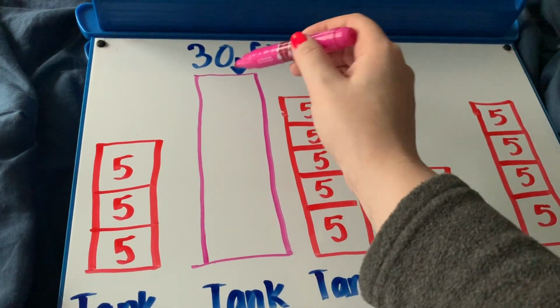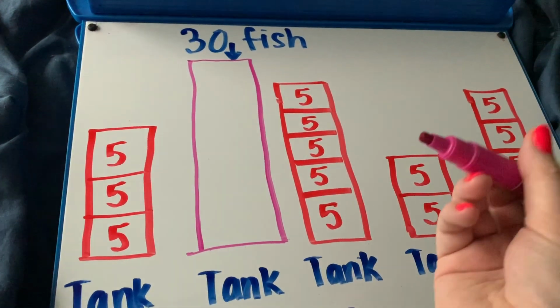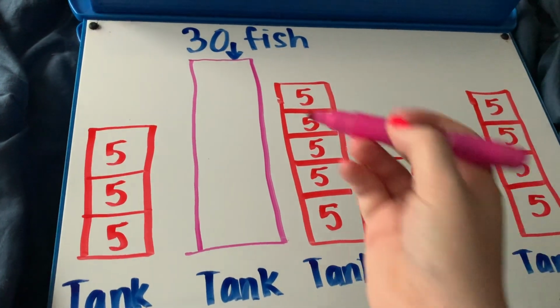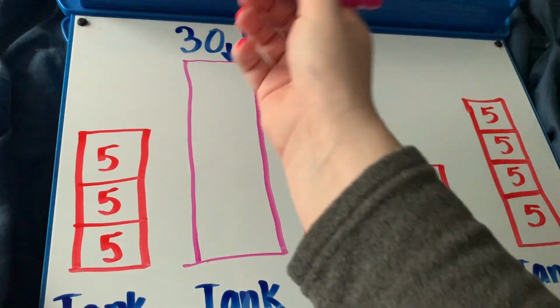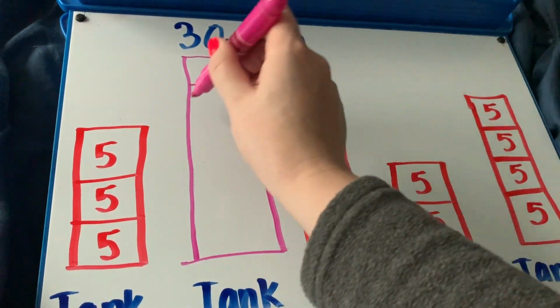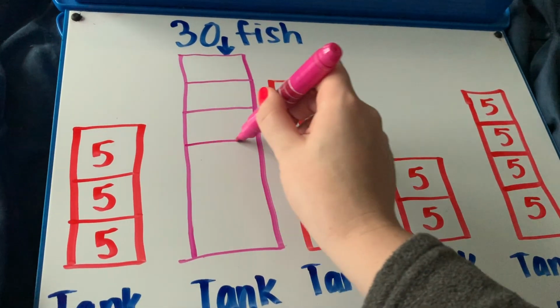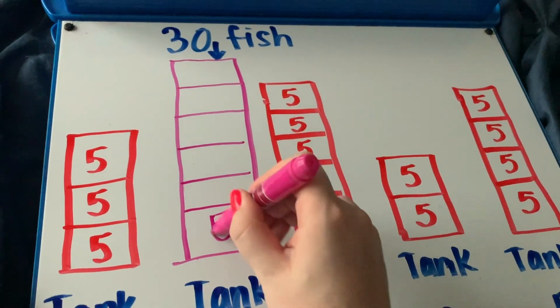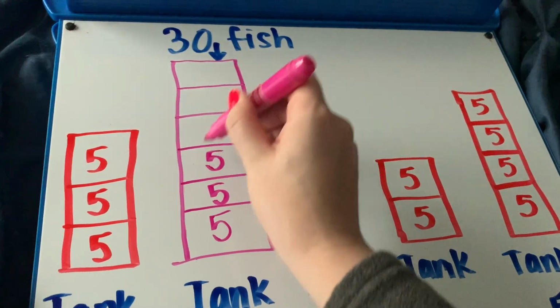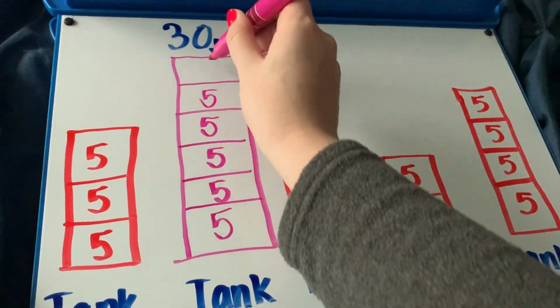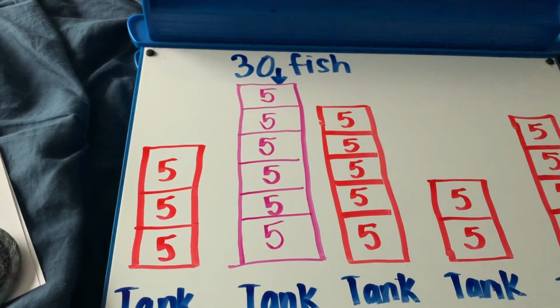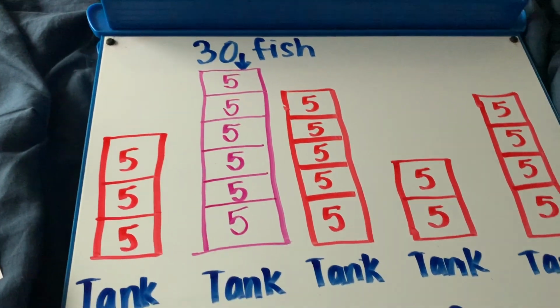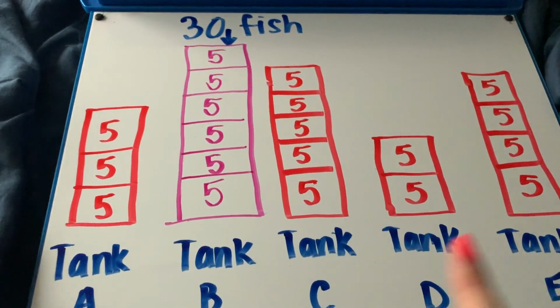So if I need to draw 6 boxes, how many lines do I need to draw inside of that box? I need to draw 5 because that'll give me 6 sections. So 1, 2, 3, 4, 5. And then I'm gonna put my 5 in the middle. And there is my vertical bar graph for tank B, my vertical tape diagram.